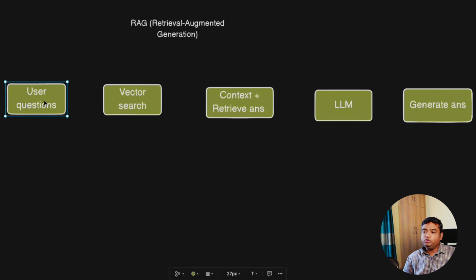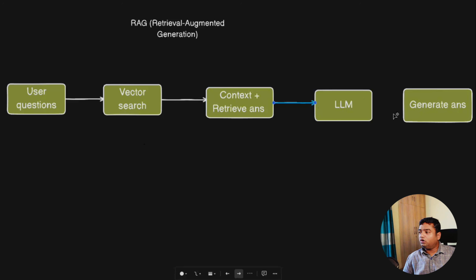Okay. So you ask the question, and that question goes to the vector search, meaning a search is done on the vector DB over the multi-dimensional information vectors. Once you get the information, that information plus the context, like what is the context of that question, both are passed to the LLM.